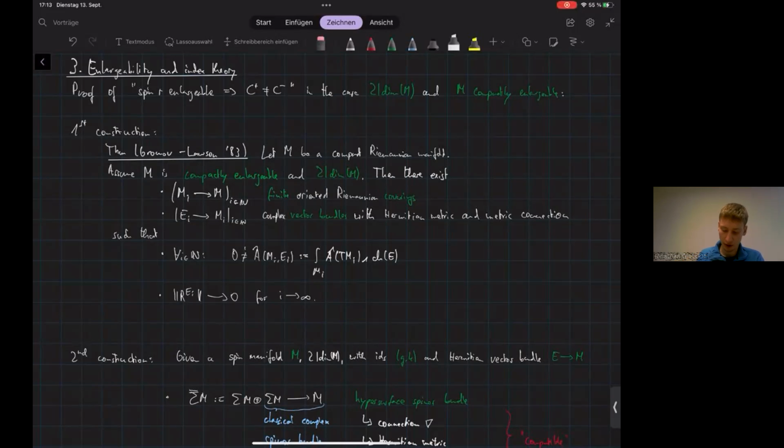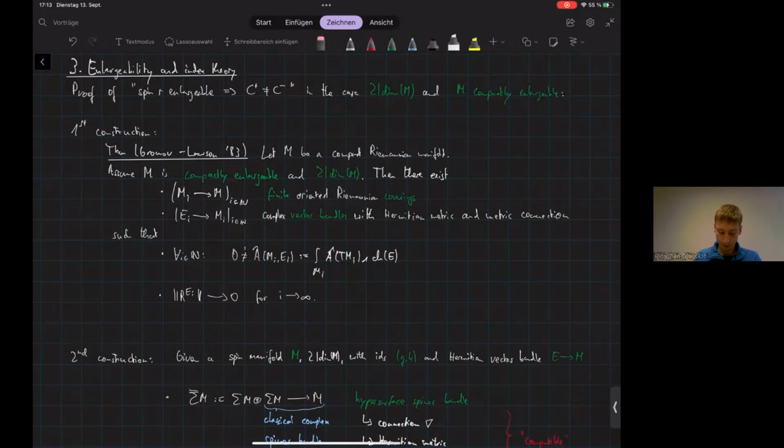So one thing that they show is the following: when we have a compactly enlargeable Riemannian manifold of even dimension, then we can choose a sequence of coverings and a sequence of complex vector bundles that are endowed with a Hermitian metric and a metric connection, such that the following two things hold.